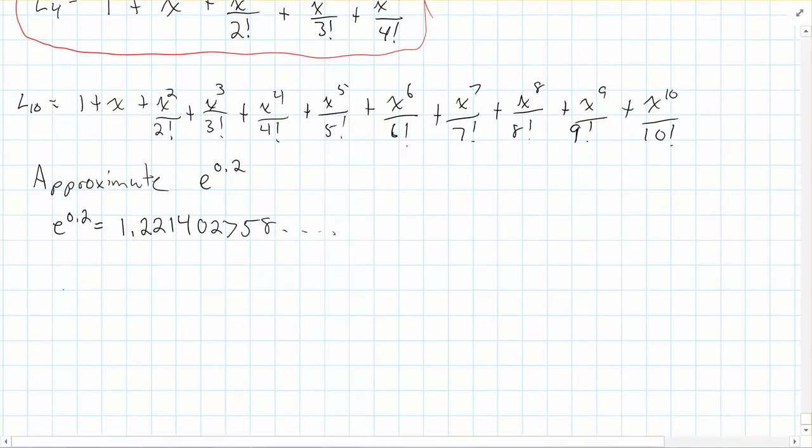Alright, so then let's figure out what it would be using my approximation. So L4 is equal to 1 plus x plus x squared over 2 factorial plus x cubed over 3 factorial plus x to the 4th over 4 factorial.